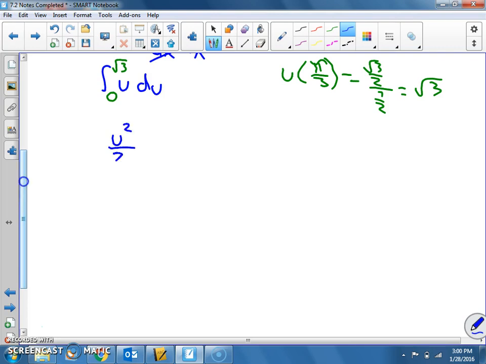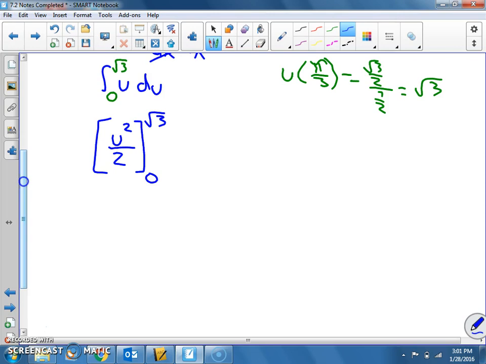Yeah, u squared over 2. And then I'm just evaluating it from 0 to square root of 3. Remember, we don't need a plus c when it's a definite integral. This is all I have to do.